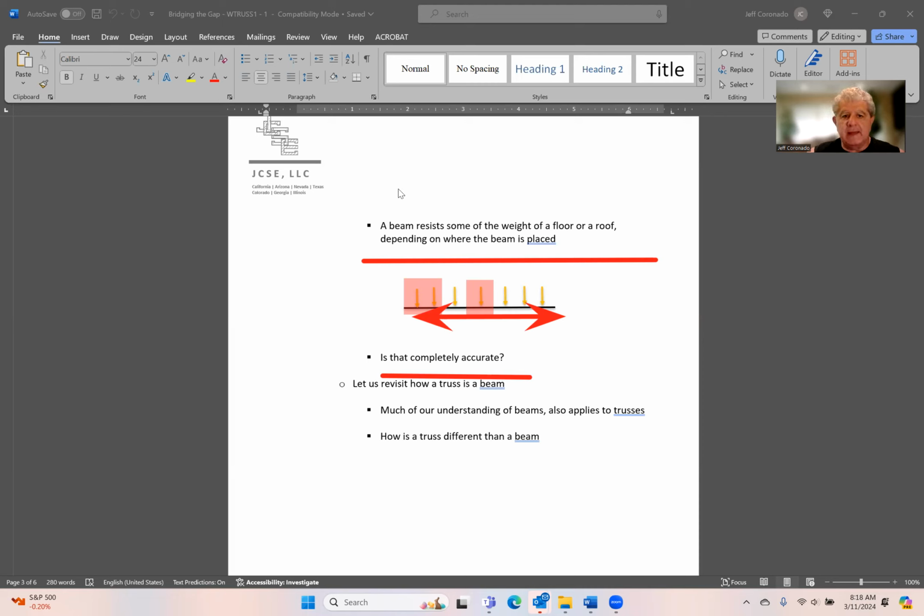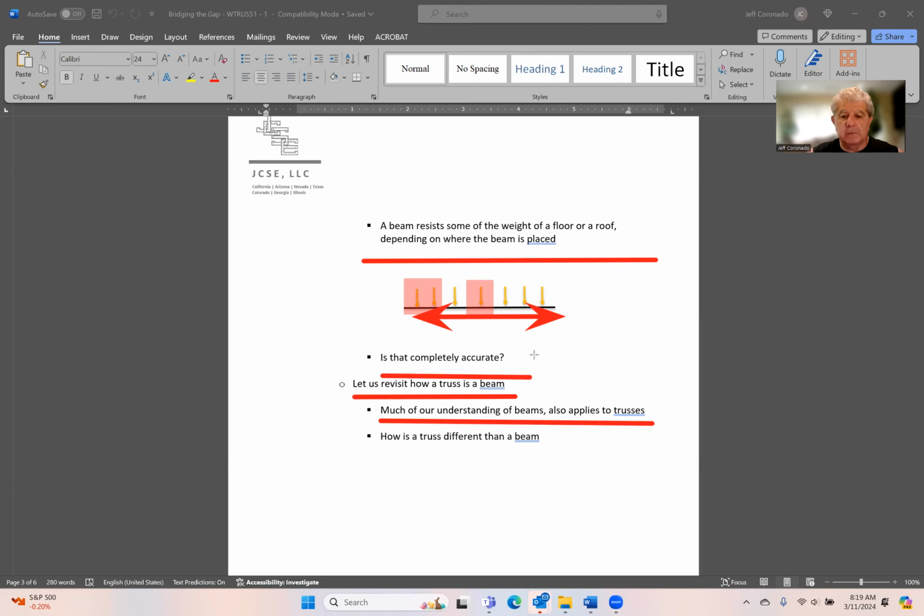With that said, let's go back and take a look at a truss. We're saying that a truss is a beam, so much of our understanding of beams also applies to trusses. If you look at the totality of the assembly of a truss, it's oriented horizontally.